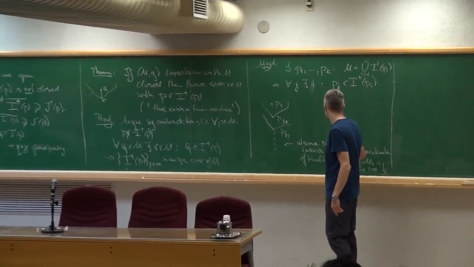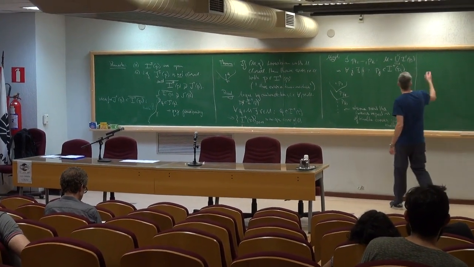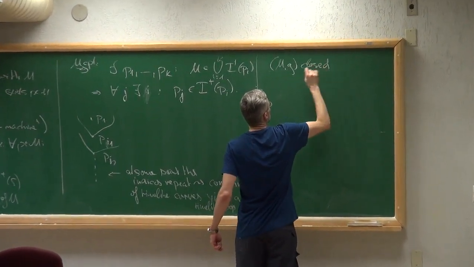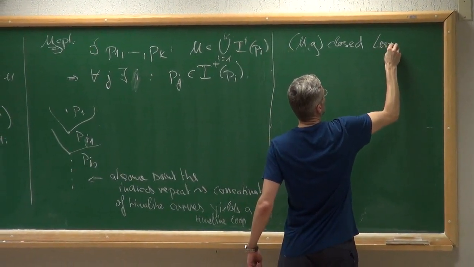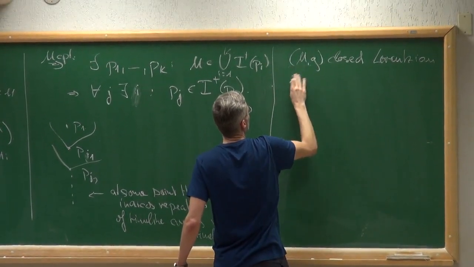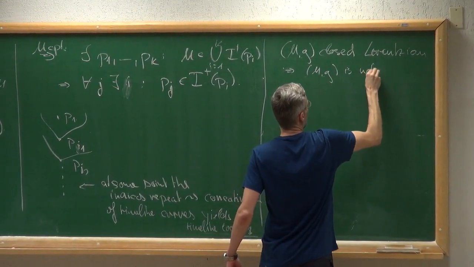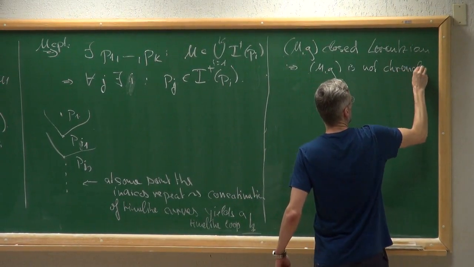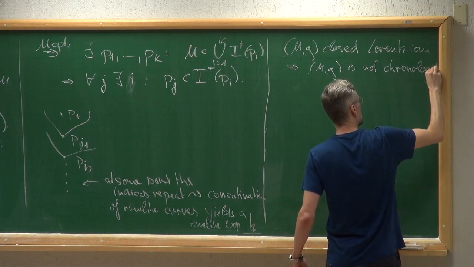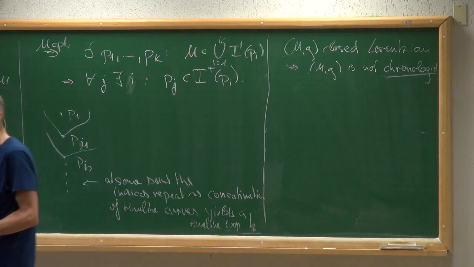So closed Lorentzian implies g is not chronological. So chronological means that there is no closed time-like curve.